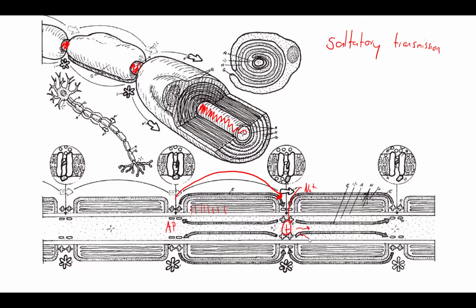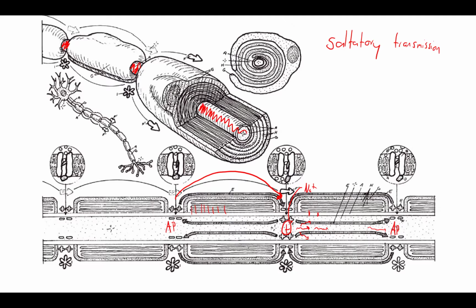It does the same thing, so the chemistry hasn't changed, but the sodium drifts a little bit longer, and the distance between these nodes is just enough that some sodium will get all the way across to the next node, which means it'll cause a new action potential there.